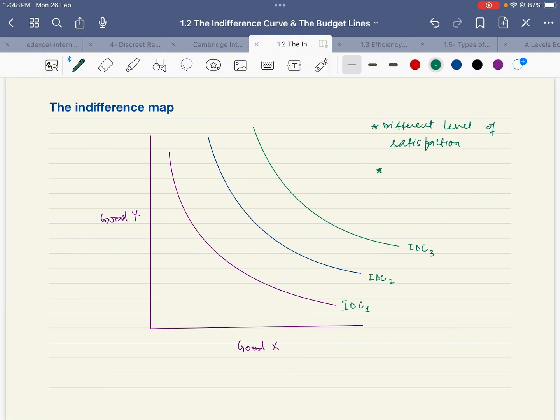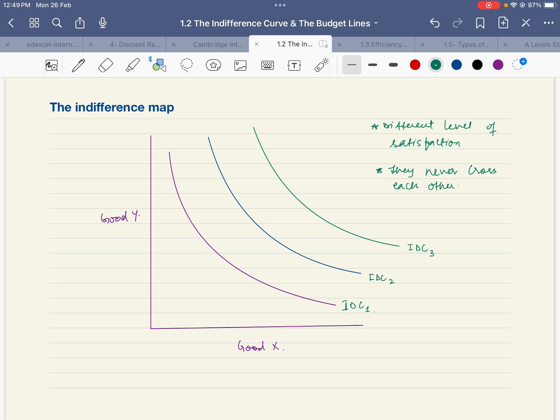One property of the indifference curve is that they never cross each other. They will never intersect with each other. They will lie either on the right of each other or on the left of each other, but they will never cross each other. However, the consumer will be willing to substitute one product for the other.